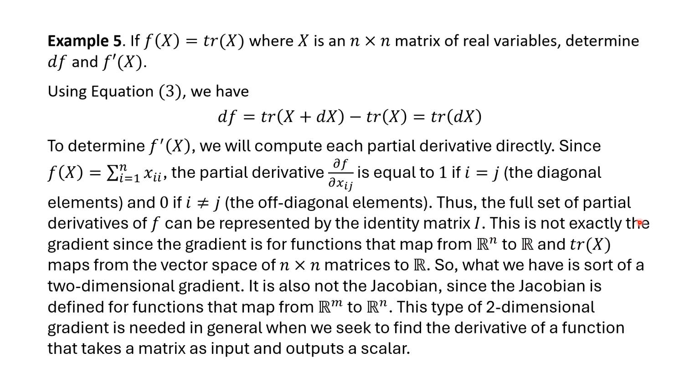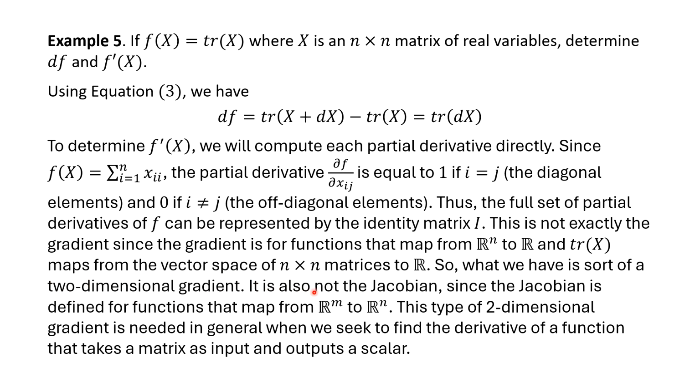What's a little bit different is this is not exactly the gradient, since the gradient is defined for functions that map from R^n to R, and the trace maps from the vector space of n by n matrices to R. So what we have is sort of a two-dimensional gradient. I'm not sure there's an official term for this, but I just call it a two-dimensional gradient.